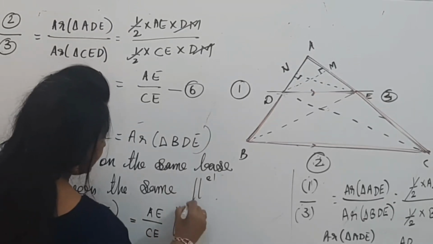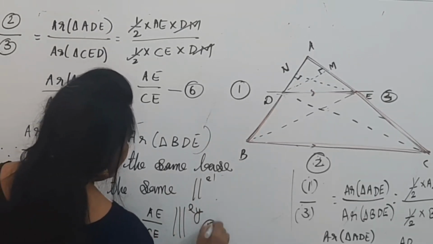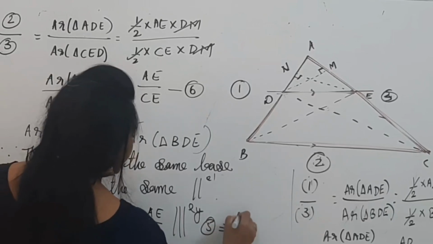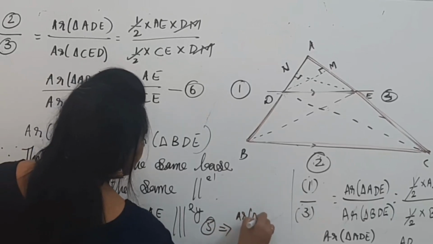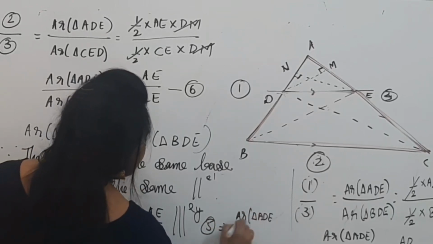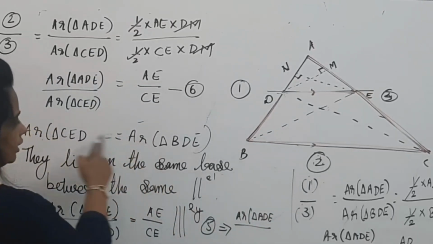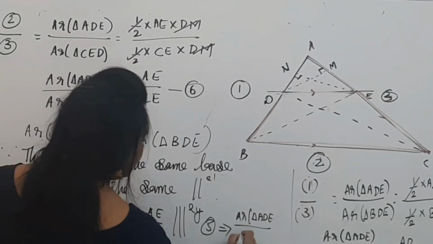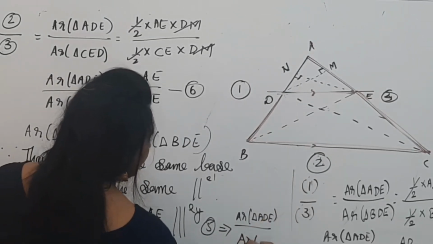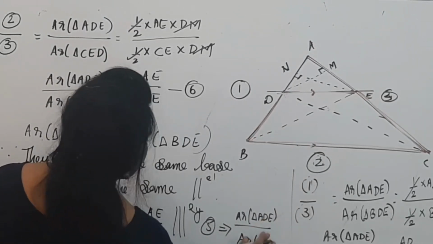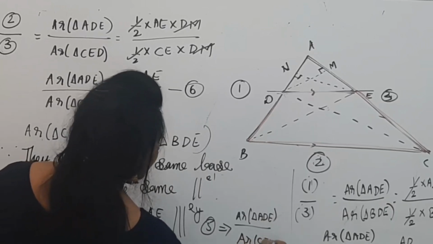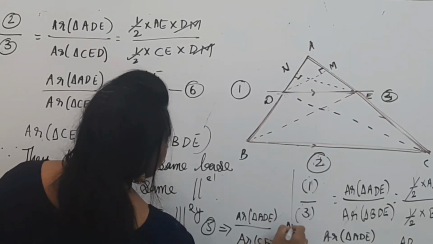Similarly we can write like this, and then 5 implies area of triangle ADE divided by, instead of BDE, I put CED. Why? Because the areas are equal. So area of triangle CED, that is equal to AD by BD.